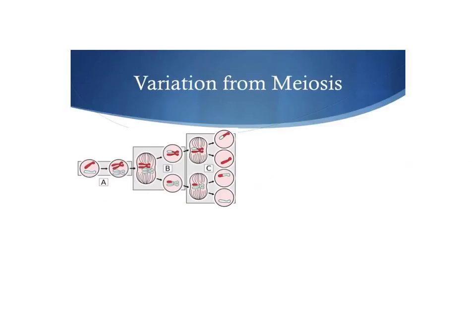So just a quick overview of meiosis, just to revisit what we learned before. We start with a cell that has a diploid number of chromosomes, 2n, and we end up with 4 individual gametes, which are each going to have a single set of chromosomes. We call that n, haploid cells.